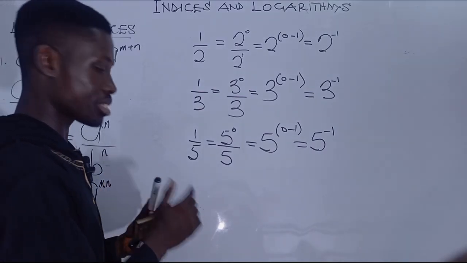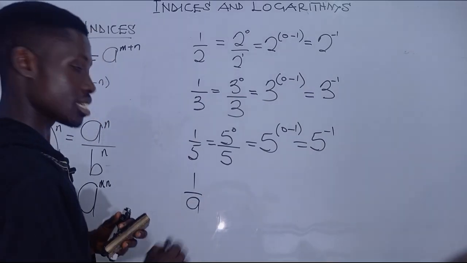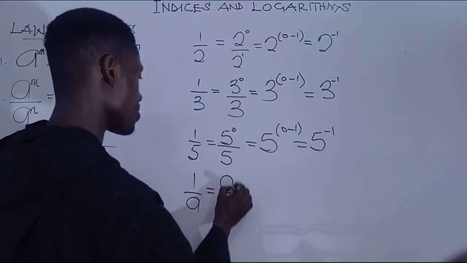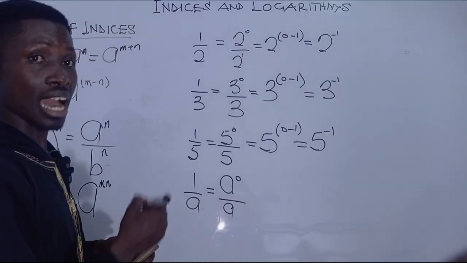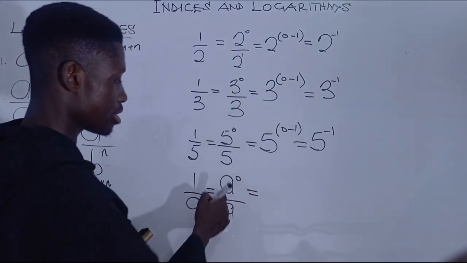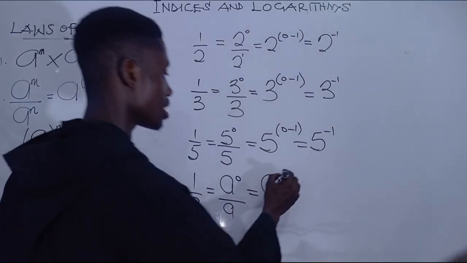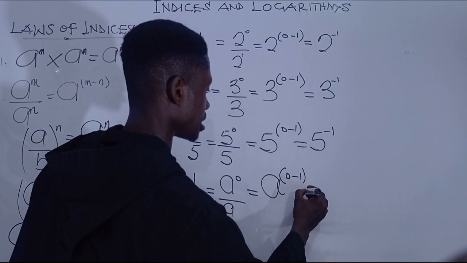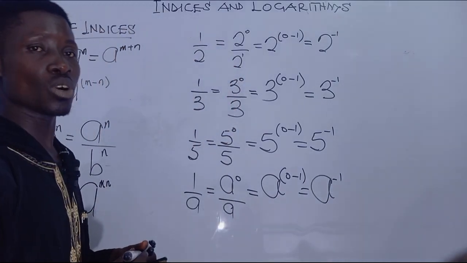Now, do you agree with me that if I write 1 over a, I can rewrite it as a raised to the power 0 all over a? Applying the division law, when two numbers are divided, they have the same base. You pick one of the bases, you subtract their exponents, and this gives us a raised to the power negative 1.